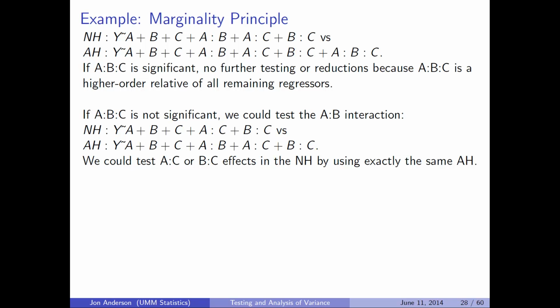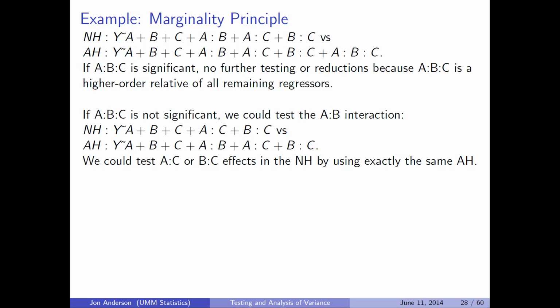lower degree terms. If the three-way ABC interaction is not significant, you could test a two-way interaction like A by B with a null hypothesis model that would have all of the main effects and two of the three interactions, but leaving out A by B in the null hypothesis model because we'd be hypothesizing that those effects are zero.